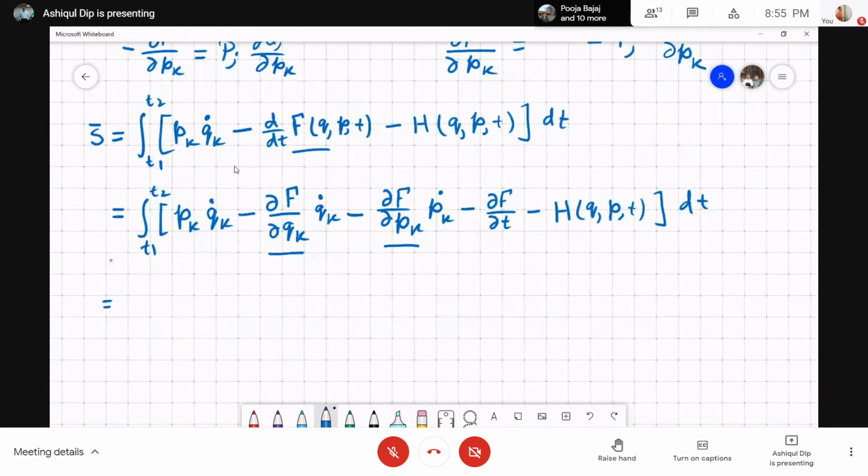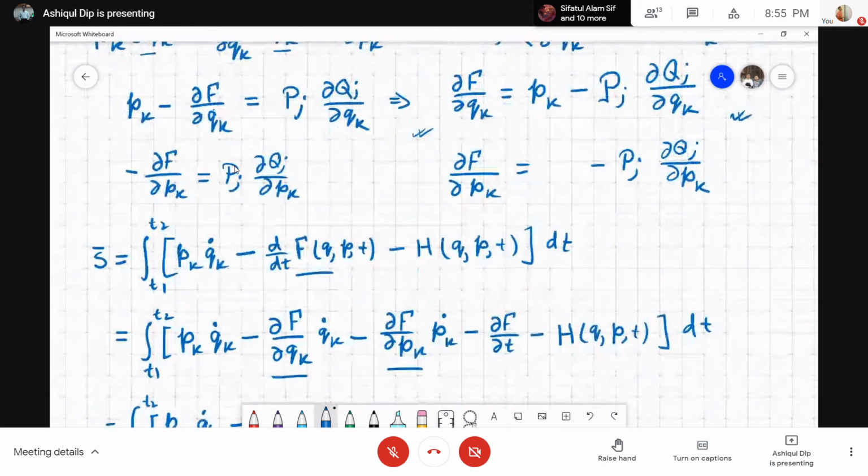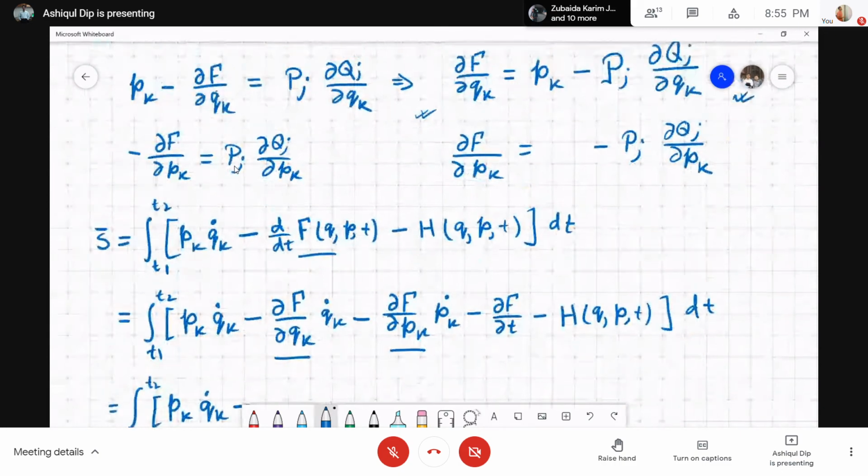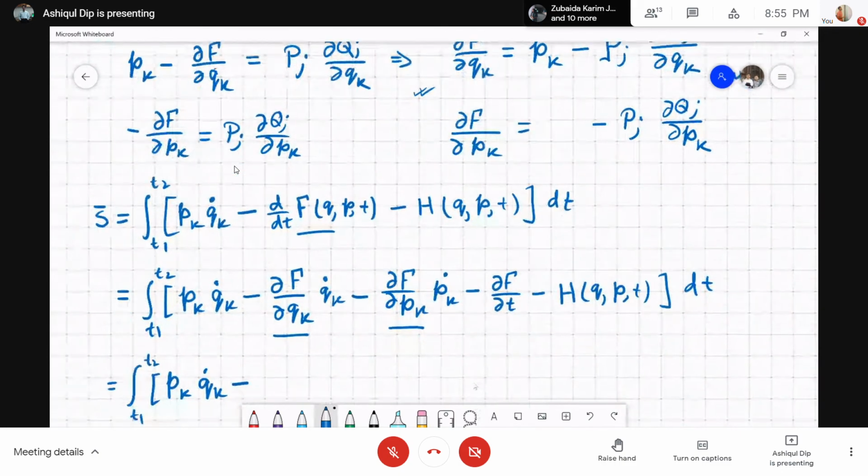So we get the integral from T1 up to T2, a longer expression, minus what is del f over del q_k? It's p_k minus that whole thing, right?